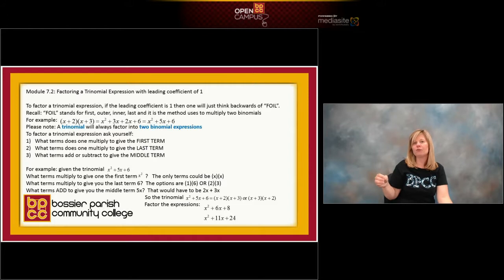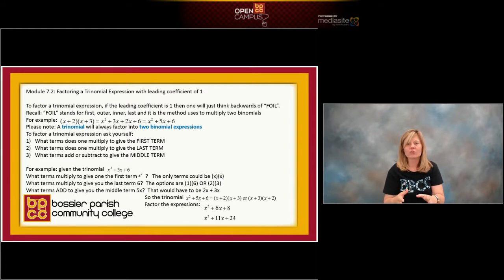And that's why when you factor x squared plus 5x plus 6, you get x plus 2 times x plus 3. Check it doing FOIL. First would be x times x, which is x squared. Outers would be x times 3, which is 3x. Inners would be 2 times x, which is 2x. Last would be 2 times 3, which is 6. And that would get you back to x squared plus 5x plus 6.